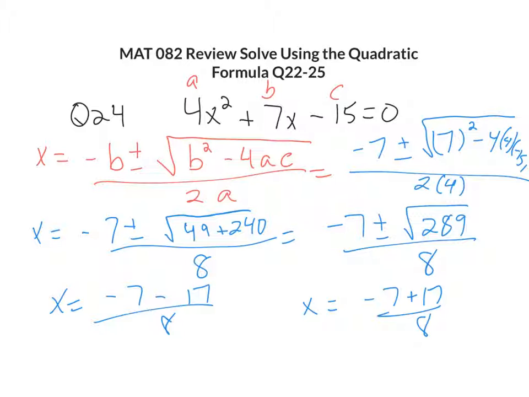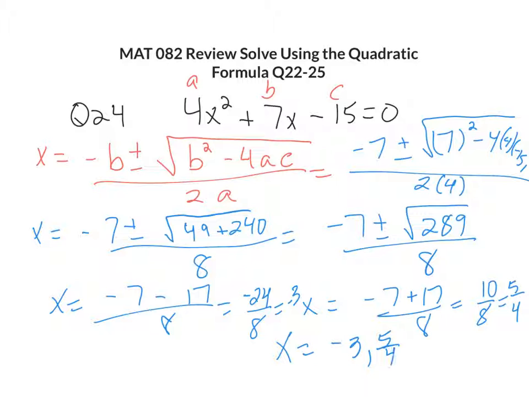Negative 7 minus 17 will give me a negative 24 over 8, and when I divide that, that'll be negative 3. And then negative 7 plus 17 would give me 10 over 8, which when I divide both by 2 would be 5/4. So my solutions would be X equals negative 3 comma 5/4.